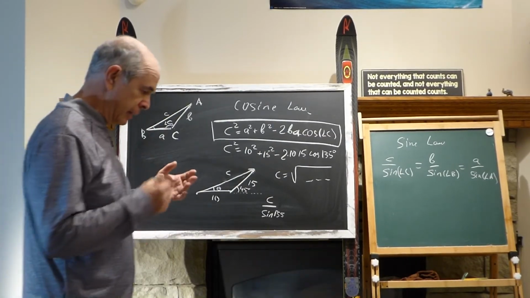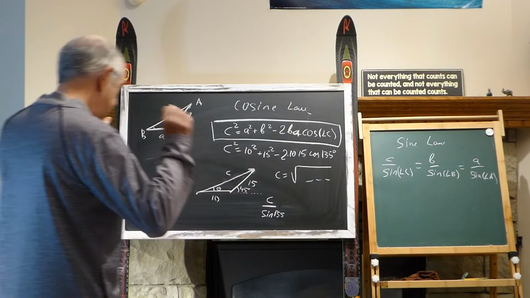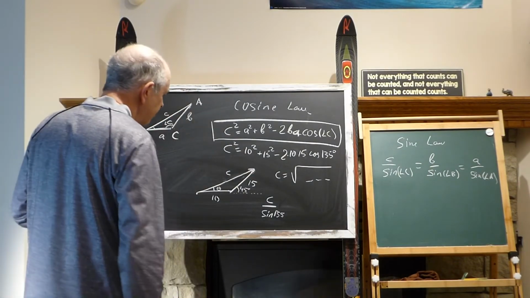Square root of 2 divided by 2, it's 0.7, but you will find out with your calculator.